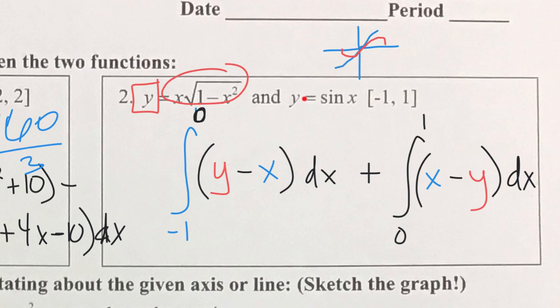I guess the red one is above the blue one. I made them different colors. So it's y minus x dx for the interval from -1 to 0, and then from 0 to 1, the sine graph is above your root graph. So it's the one above minus the one below.